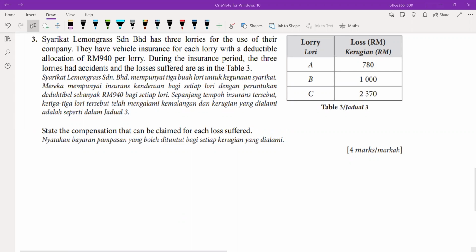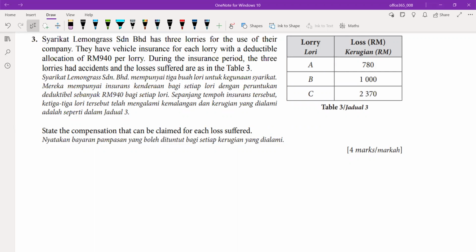Okay, I want to see. So for this, you have to understand, you have to double check, especially this one, lorry 780. Can you make a claim or not?